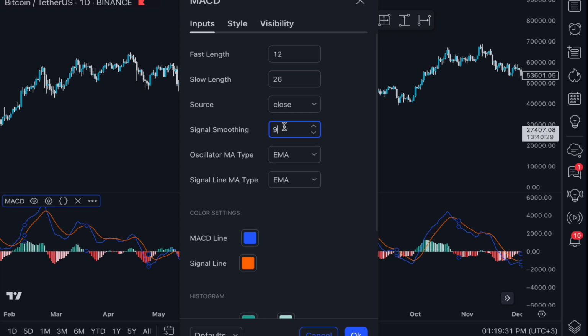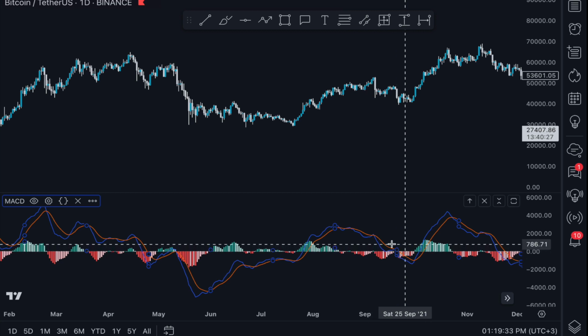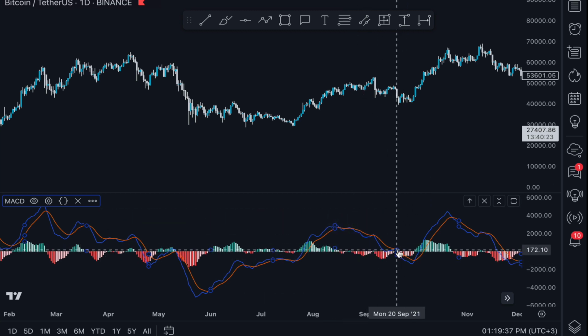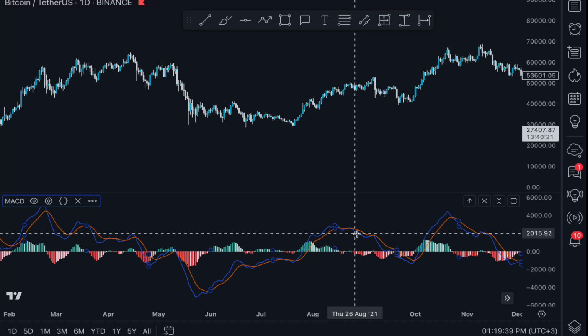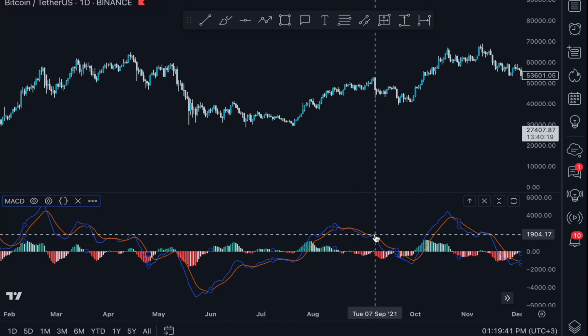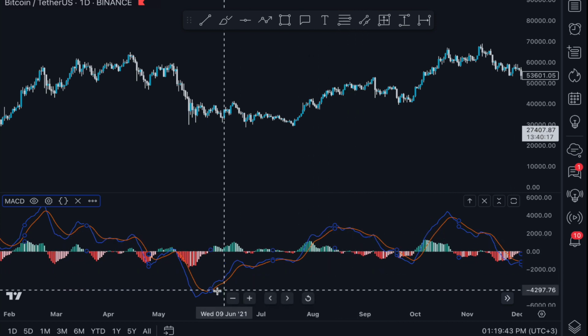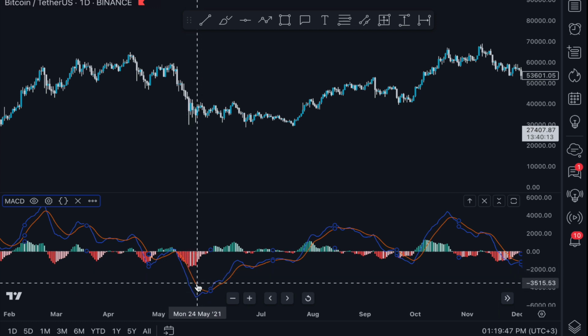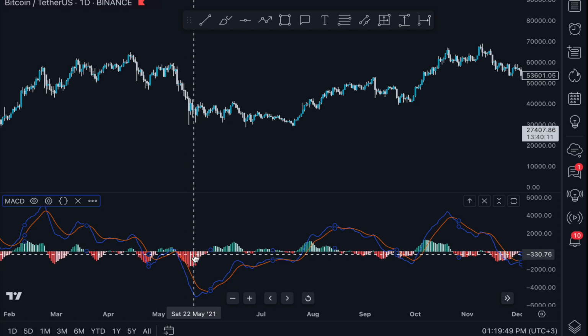Another thing that you can see from the indicator is the histogram. This is just another way to show the difference between the MACD line and the signal line. When the MACD line is under the signal line, the blue line under the orange line, we can have red bars on the histogram.